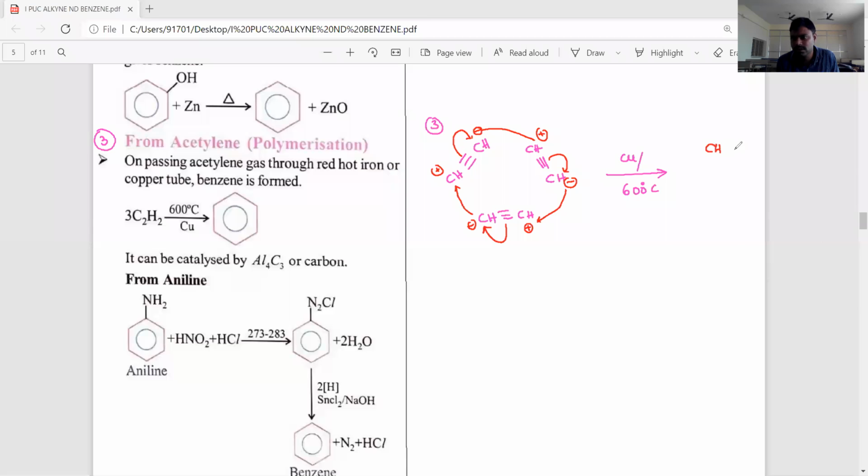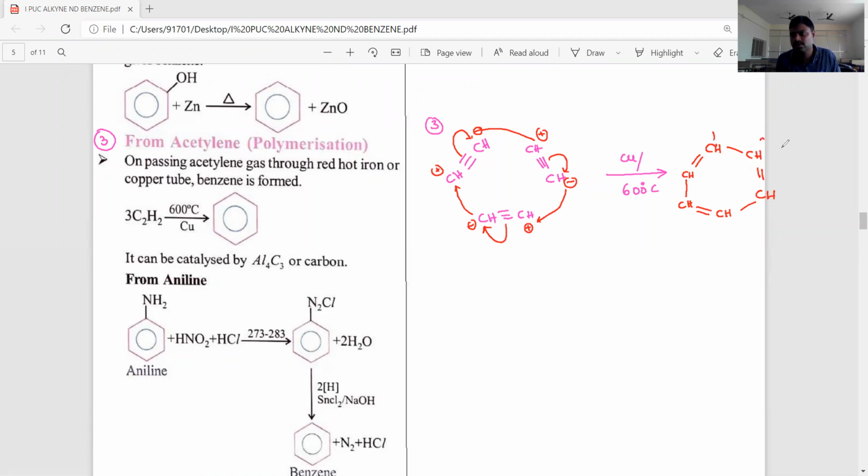We get CH single bond CH, with a double bond, again single bond CH, carbon-carbon double bond, then CH, connected by single bonds.